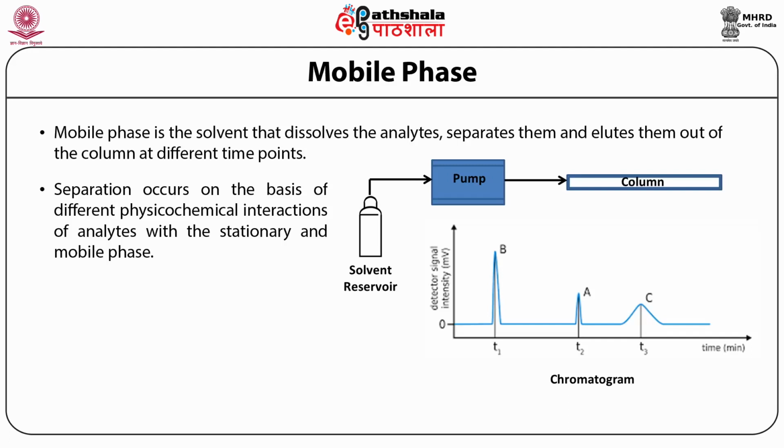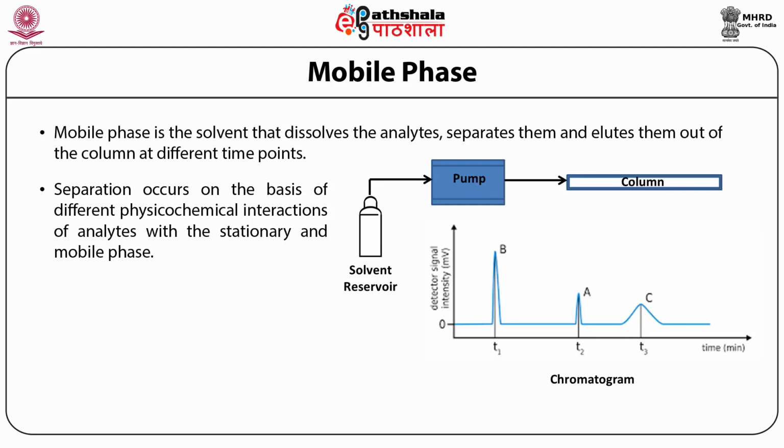These interactions, which occur between the sample components, the stationary phase and mobile phase, are based on molecular size, as in size exclusion chromatography, on charge as in ion exchange chromatography, on hydrophobicity as in hydrophobic interaction chromatography, on specific binding interactions as in affinity chromatography, or it can be a combination of these.